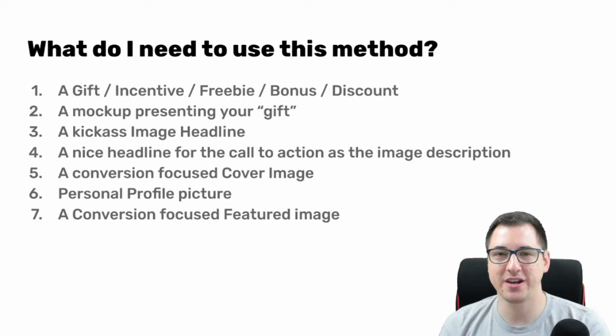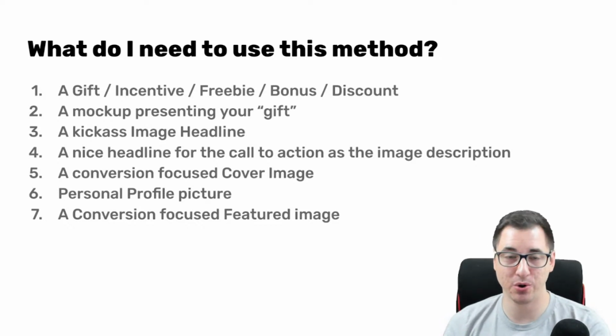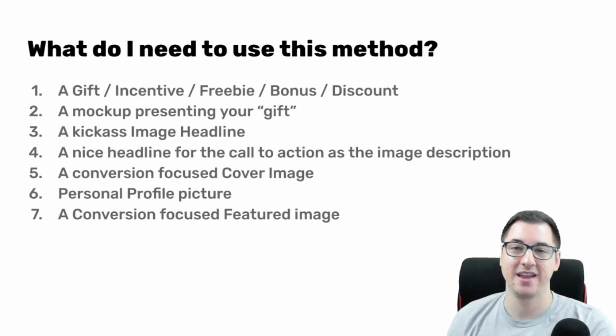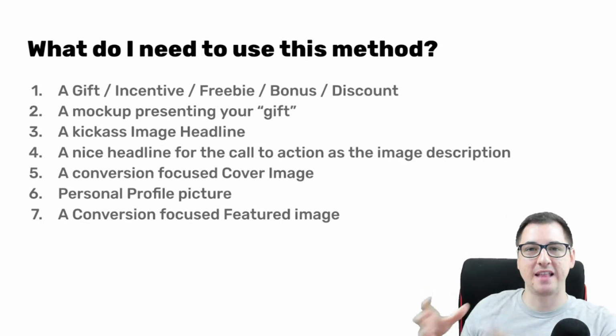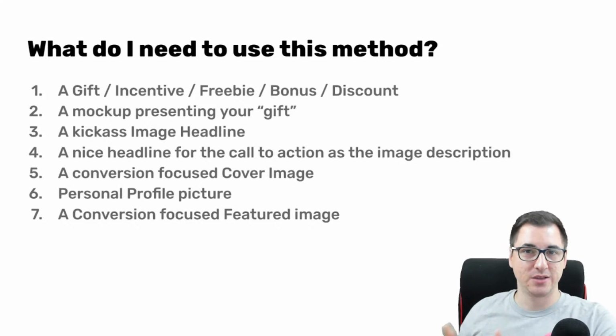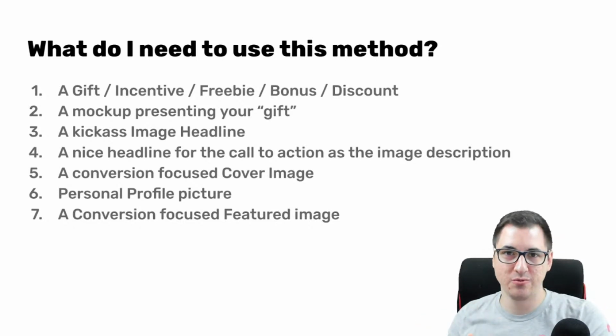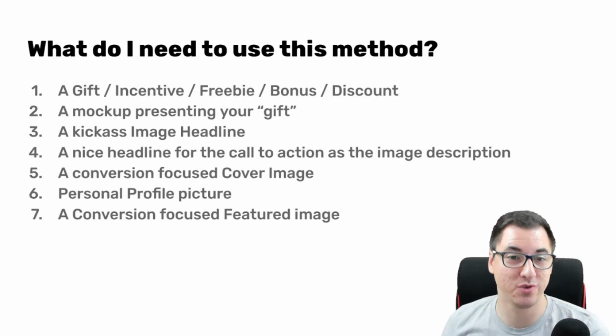You should have already created your freebie or bonuses, so we already have that in our hand. A mock-up, we would need to have a representation of that gift that you want to give away. And that was already done. We already talked about how to do that in session number 3, I believe. And we should have that one as well.